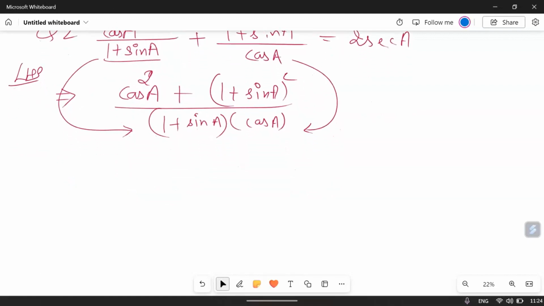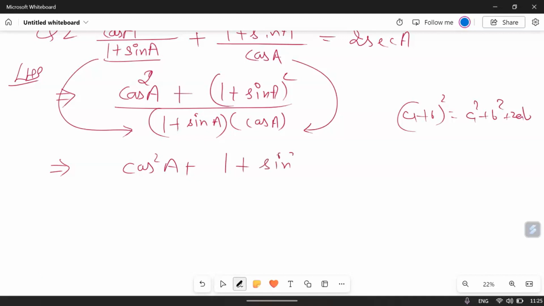Now I can see I need to find 2 sec A. So I will open the square by using the property A plus B whole square, that is A square plus B square plus 2AB. So cos square A plus 1 square, 1 plus sin square A plus 2 into 1 into sin A, that will be 2 sin A, divided by 1 plus sin A cos A.